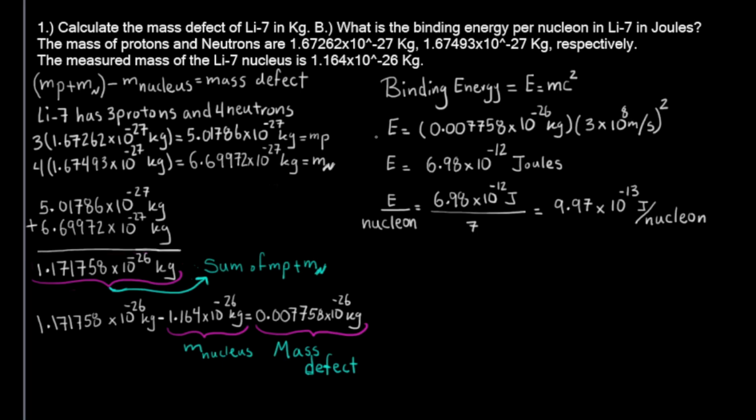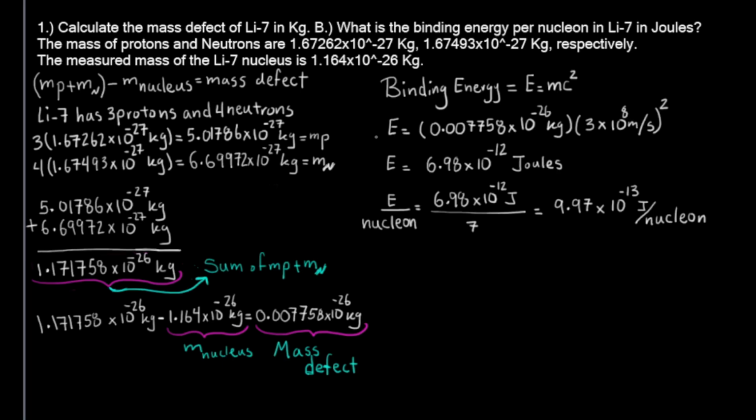We then need to figure out the sum of the masses of 3 protons and 4 neutrons. So once we multiply 3 by 1.6726 times 10 to the minus 24 kilogram, we get a value of 5.01786 times 10 to the minus 27.